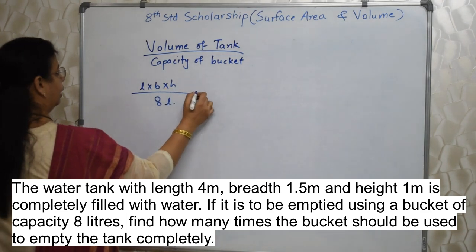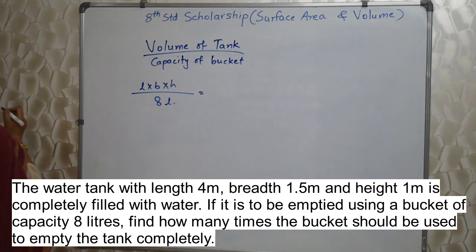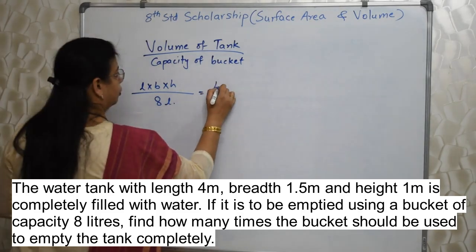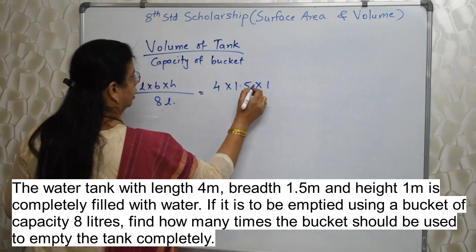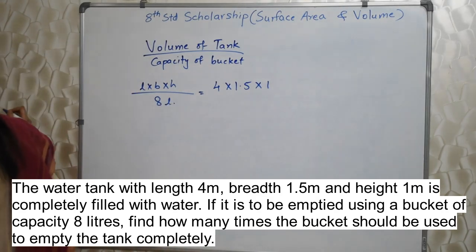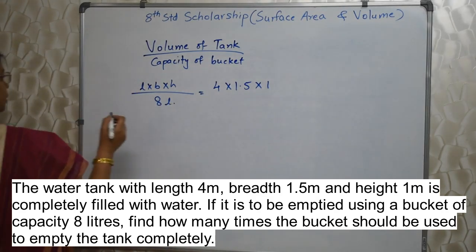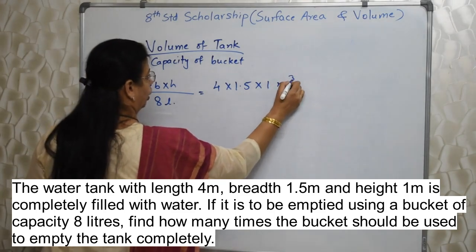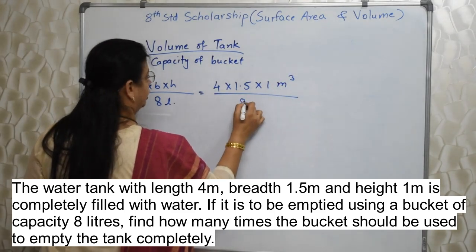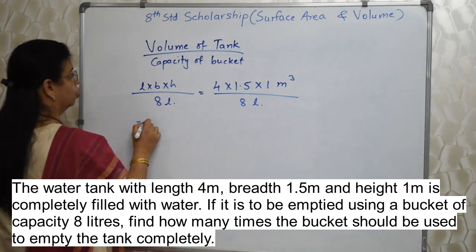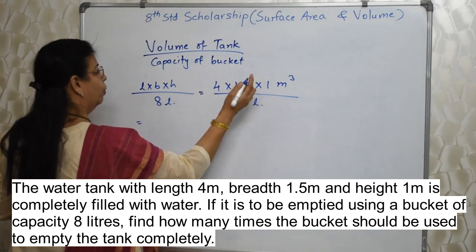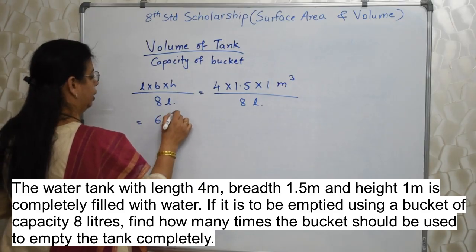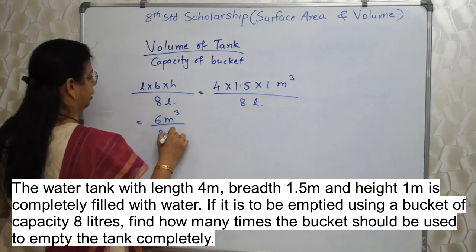So length, breadth and height, let's mention how much it is. 4 into 1.5 into 1, these are all meters, so this will be meter cube, whatever the answer is, and here it is 8 liters. So let's multiply. 4 into 1.5 is 6, into 1 is 6, so 6 meter cube upon 8 liters.